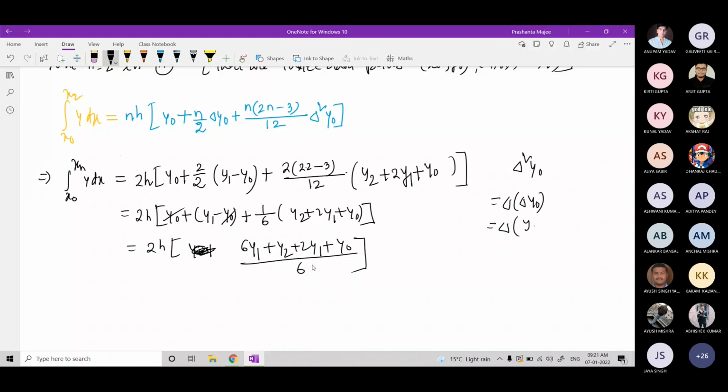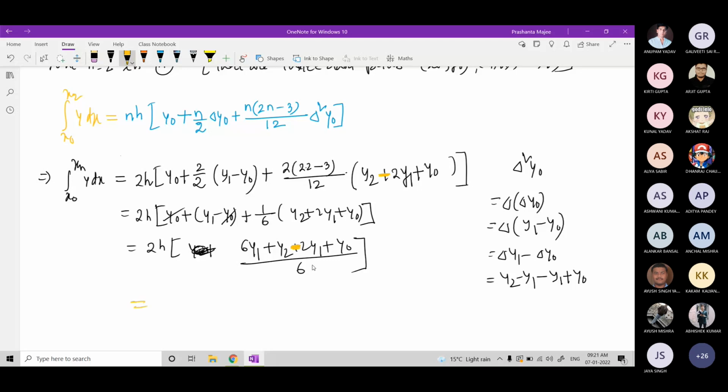What is del y0? y1 minus y0. So it will be del y1 minus del y0. Del y1 will be y2 minus y1, and here it will be minus y1 plus y0. So here it will be a minus sign. Okay, I made a mistake there.